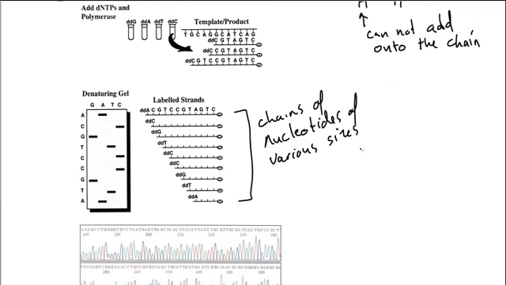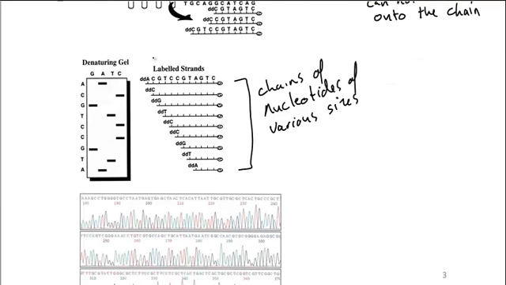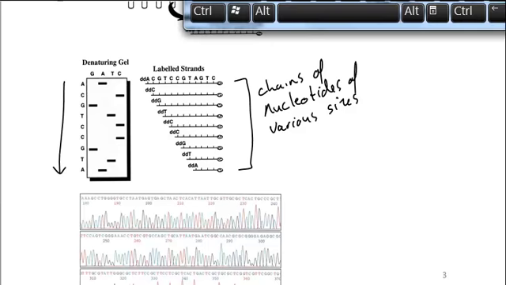And what they will then do is they will run these DNA out on a gel. And the gel acts as a sieve, and they run it on the gel by using a positive electrode and a negative electrode.